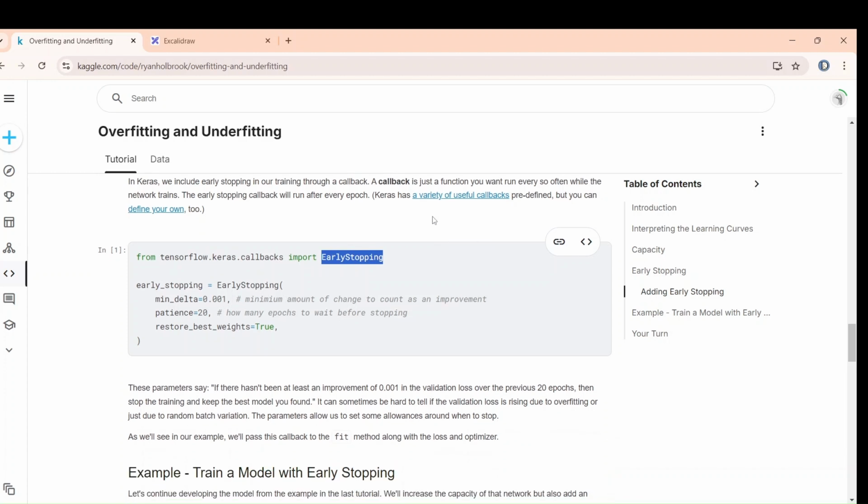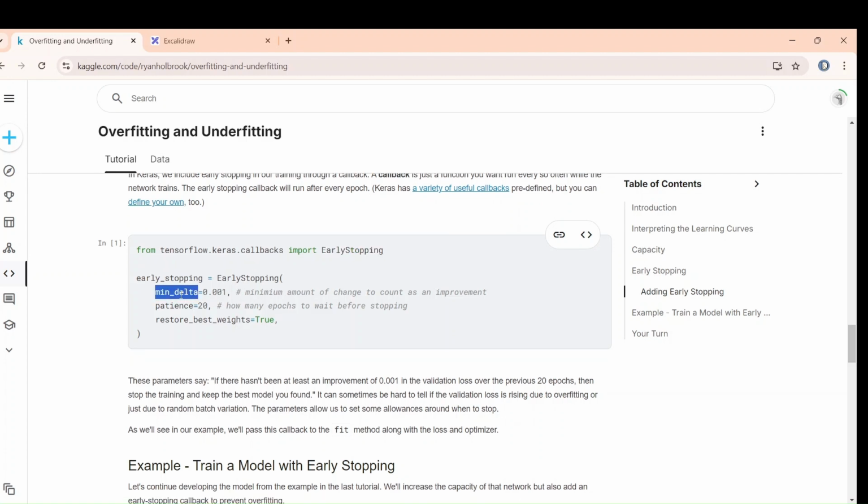Keras has many predefined callbacks, but if you want, you can create your own. Here, see min_delta, that is the minimum amount of change to count as an improvement. They have set a value. Patience is after how many epochs you will stop the training. And restore_best_weights equals True.